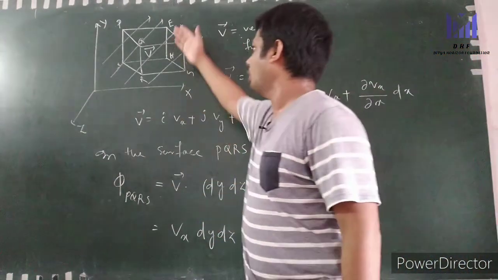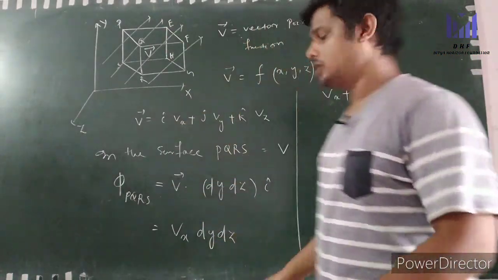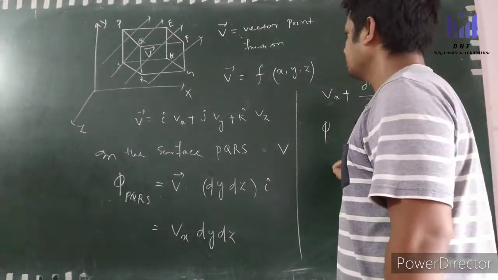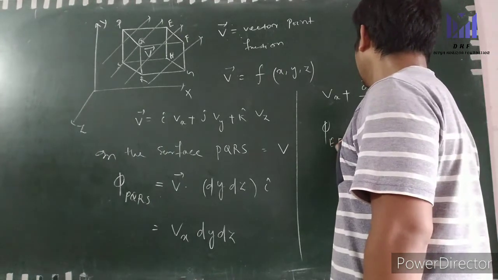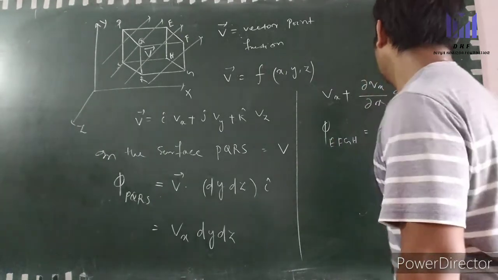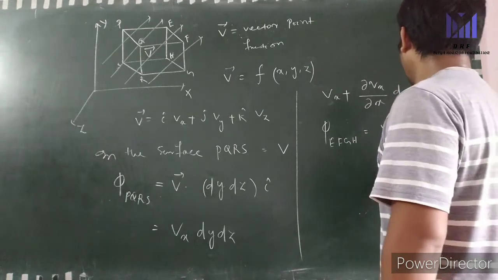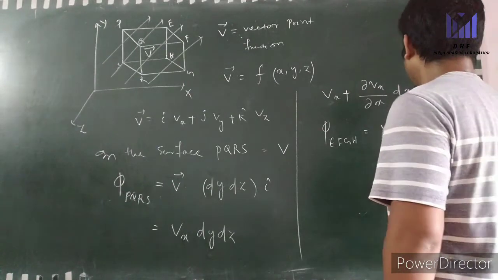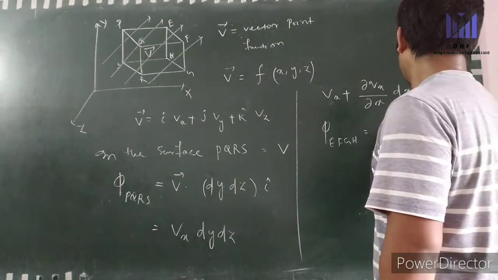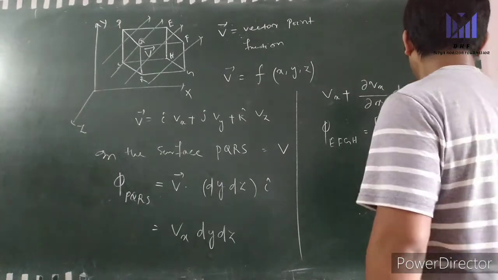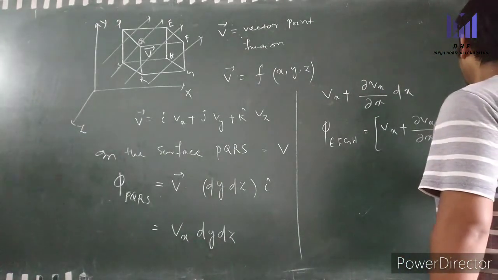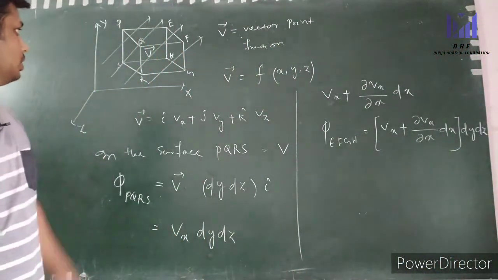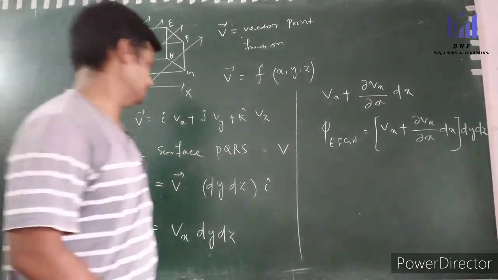If we calculate the flux through this surface EFGH, it is similar. The flux phi EFGH is equal to Vx plus del Vx by del x into dx, whole into dy dz, because this surface area is also dy dz.